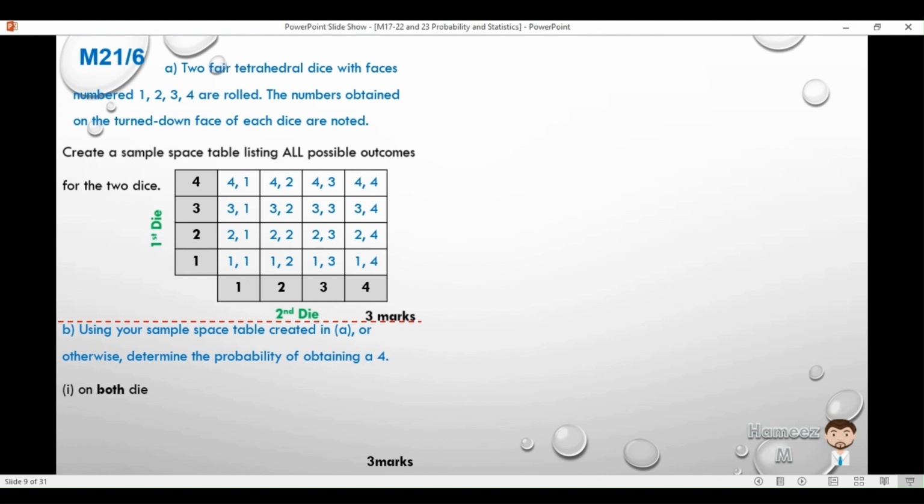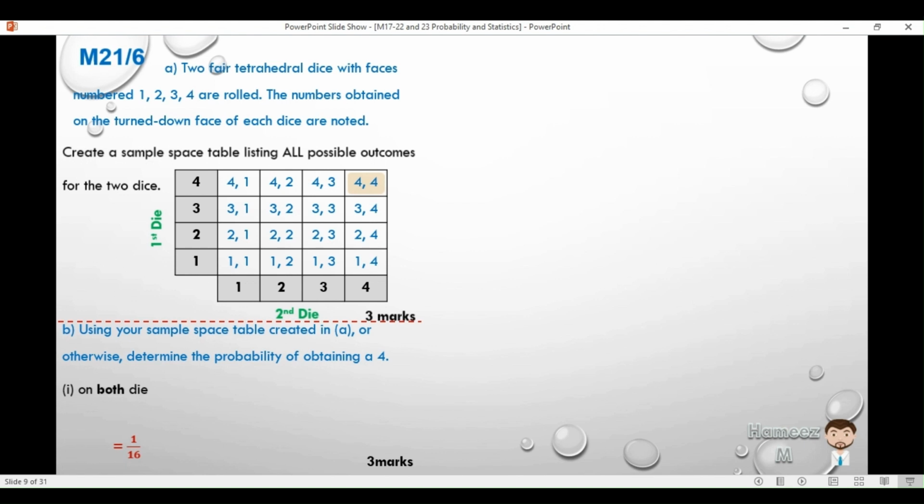So if we look at the sample space, when the first die rolls a 4 and the second die rolls a 4, then that only happens in this case. Let's bring it up with this color to surround it. We can see it, 4 4, and there's only one possible outcome out of 16. So the probability of obtaining a 4 on both dice is 1/16.